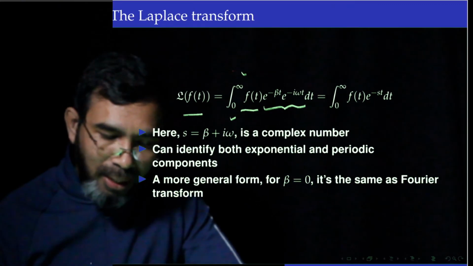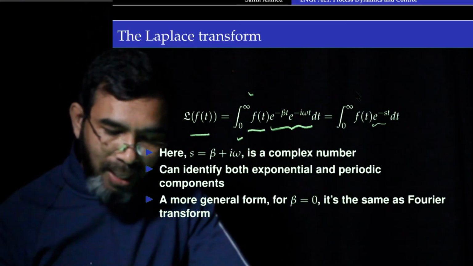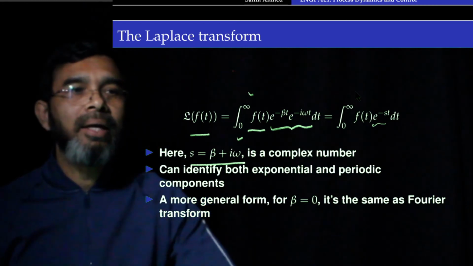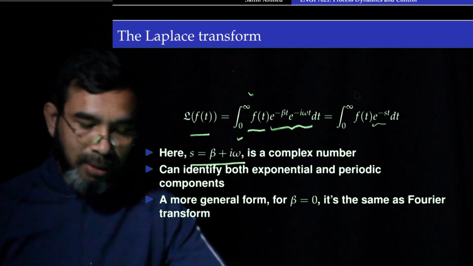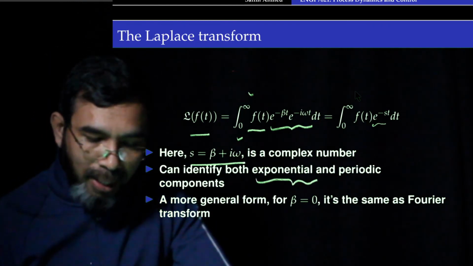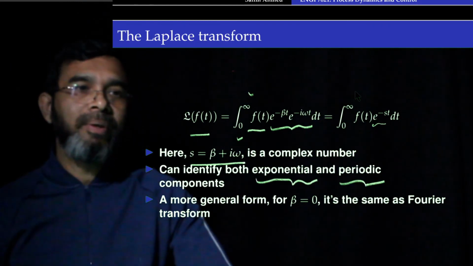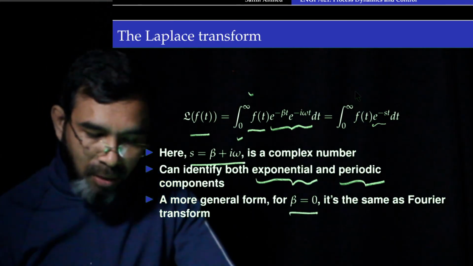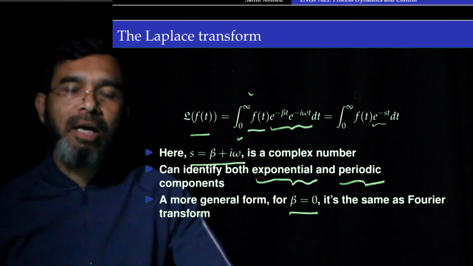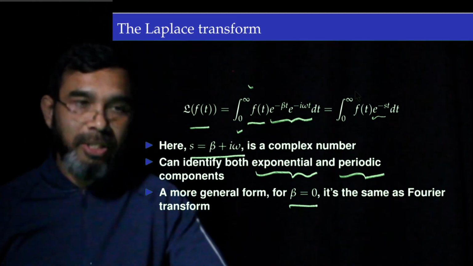Combined together, it's e to the power negative st, where s is that complex number beta plus i omega. So what's the benefit? We'll see that it can identify the exponential component and the periodic component. Also see that if beta equals 0, it simply becomes the Fourier transformation, meaning the Laplace transformation is a more general form of the Fourier transformation.